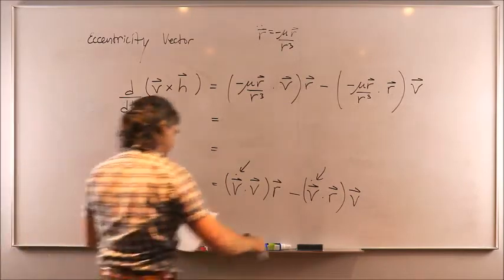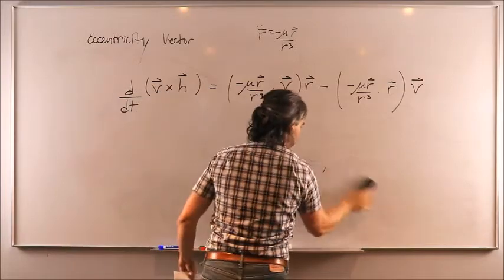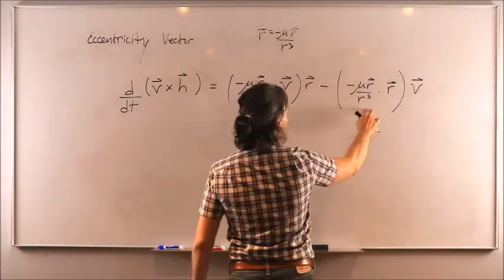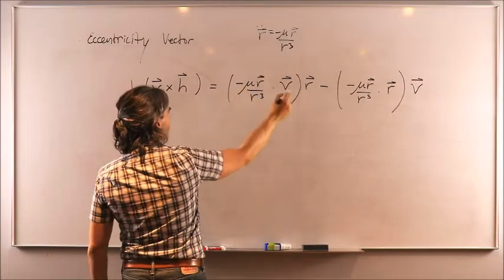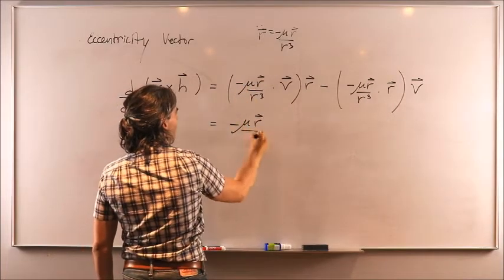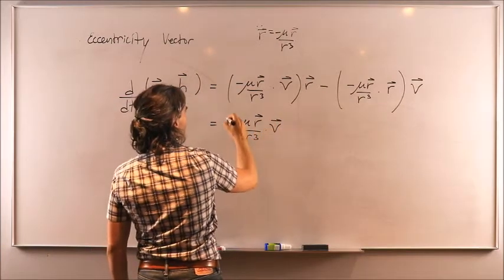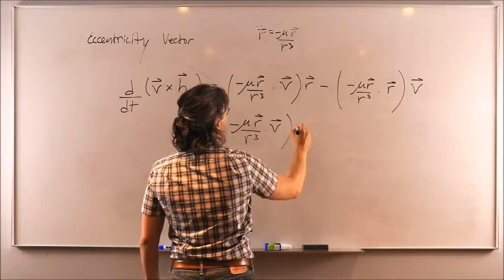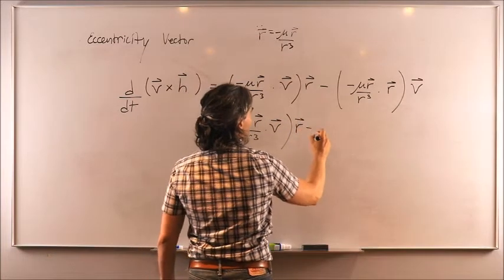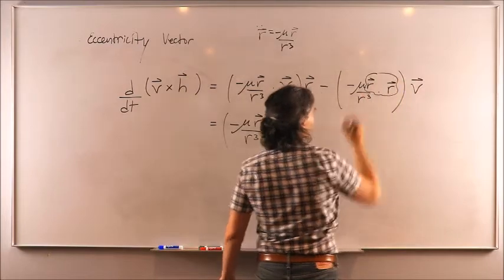Now, what I can do from that point is to focus on what I have here. I'm just going to write the first term as it is, minus mu, position vector, distance cubed, dot product, velocity vector, times position, minus. We have a dot product of a vector with itself.